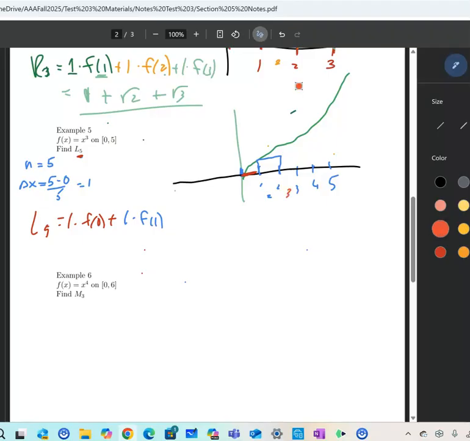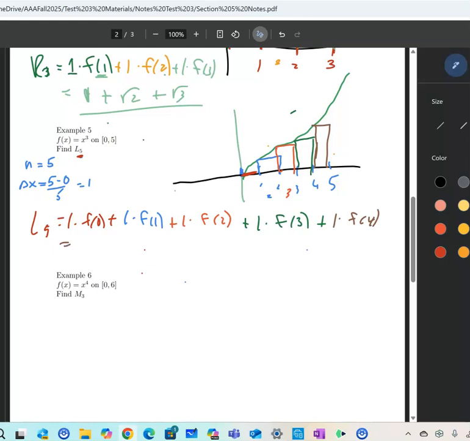For the third rectangle, 1 times f of 2. The next rectangle, 1 times f of 3, plus one last rectangle, 1 times f of 4.